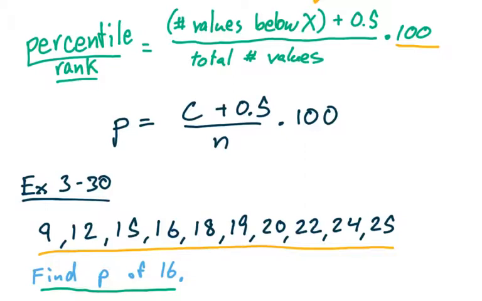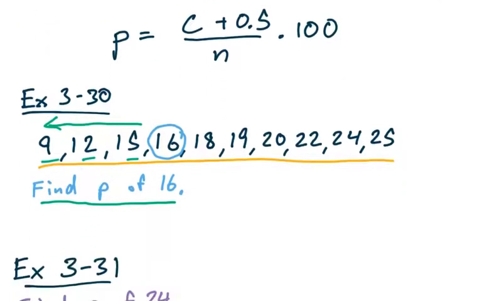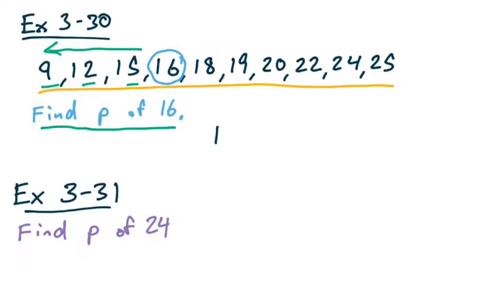All right, so we have to find 16 in our data set. We have to count the number of values below it, right? So there are 1, 2, 3 values there. And then we'll use this formula. P is equal to C plus 0.5 divided by N times 100.